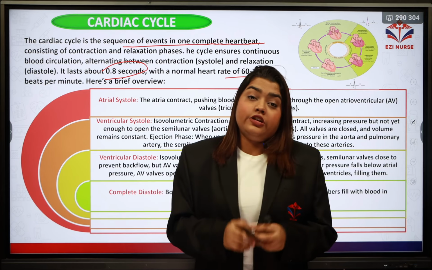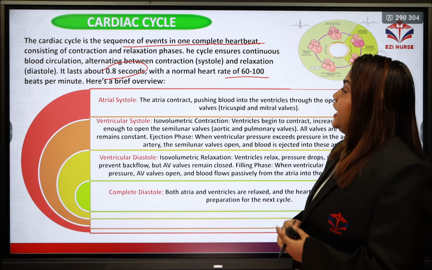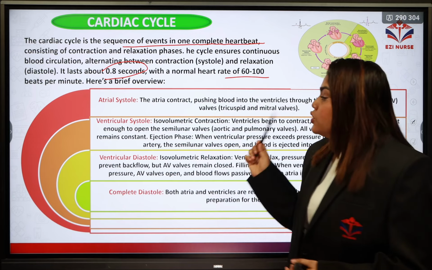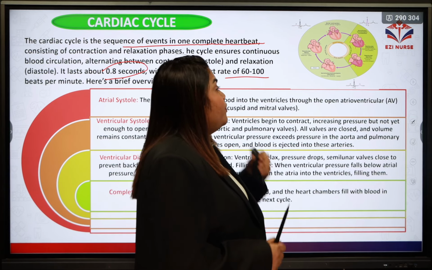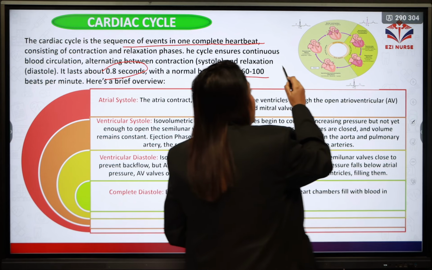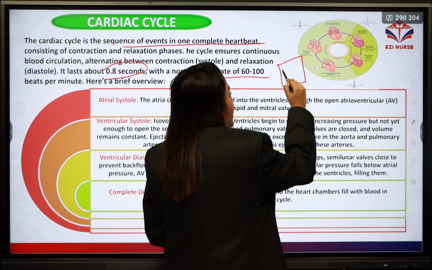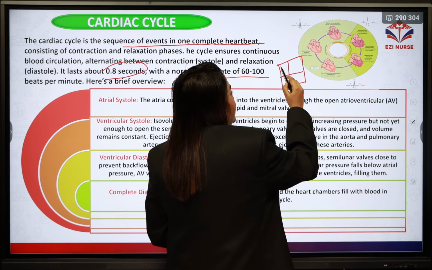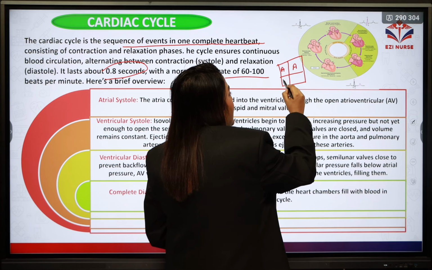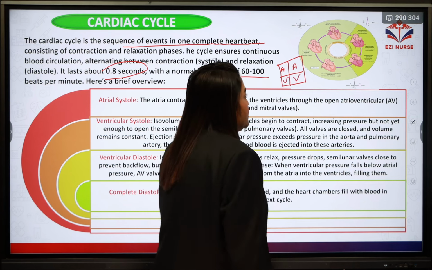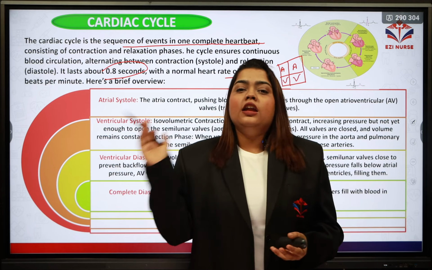First one is atrial systole. As I told, systole means contraction. There are 2 atria and 2 ventricles. If we see the heart as a box, the atria will be here and the ventricles will be here: right atrium, right ventricle, and left atrium, left ventricle.